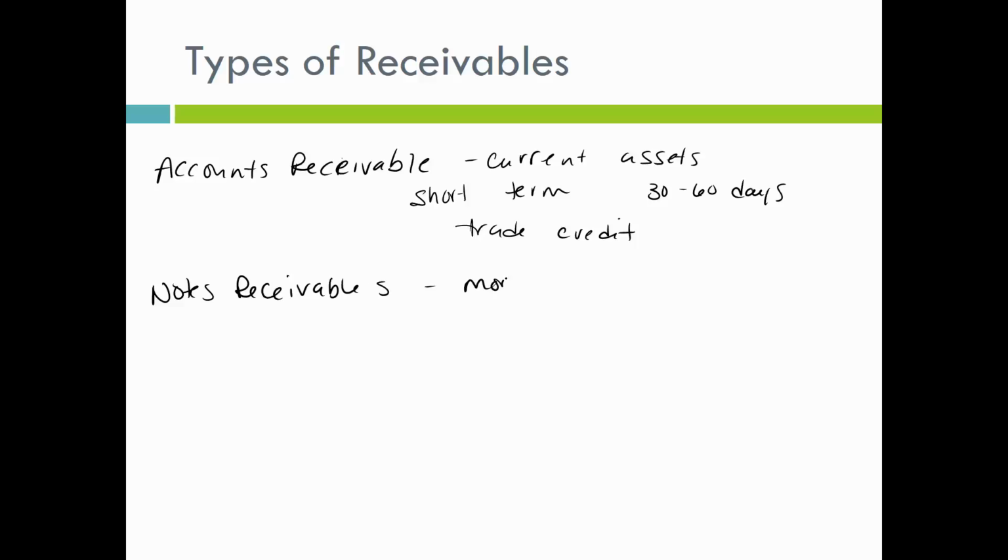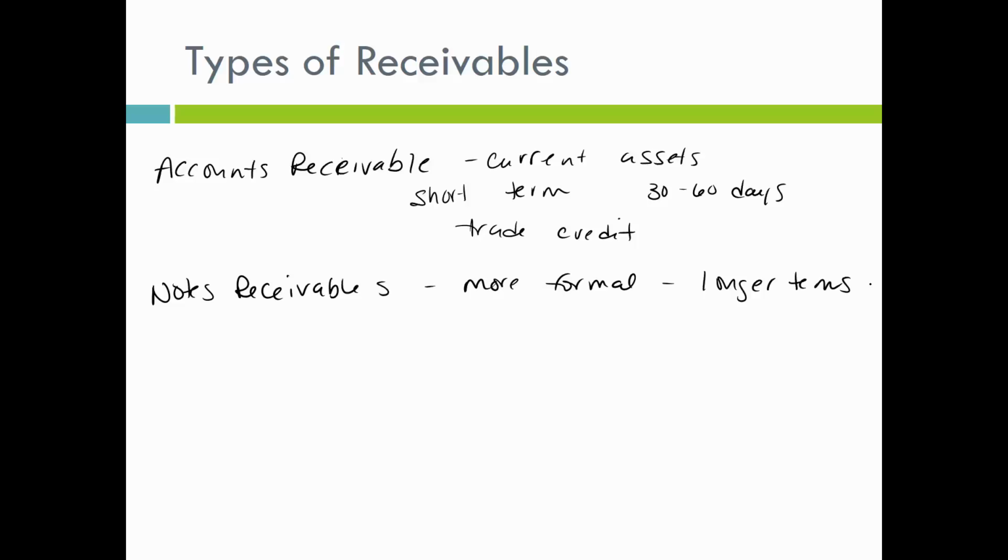And so this is a much more formal agreement. It can be that I'm lending somebody money, or sometimes an accounts receivable turns into a notes receivable. But this will be longer term, usually 90 days or more, 90 days, 120 days, maybe even up to a year.